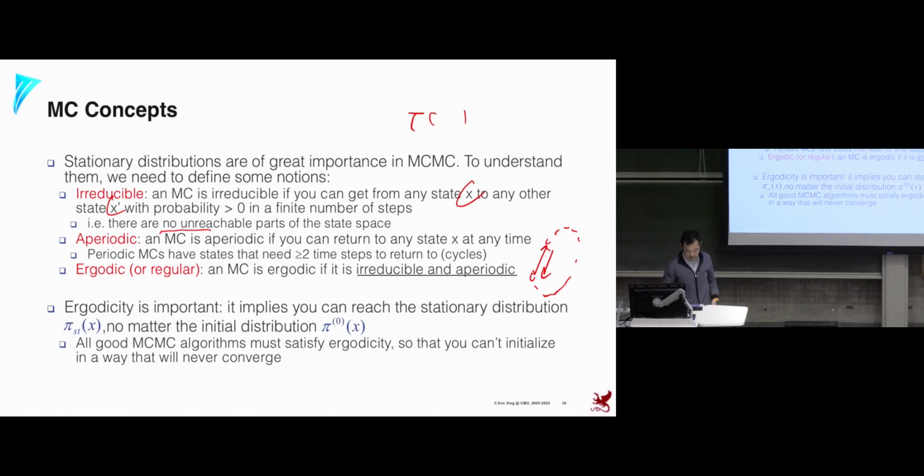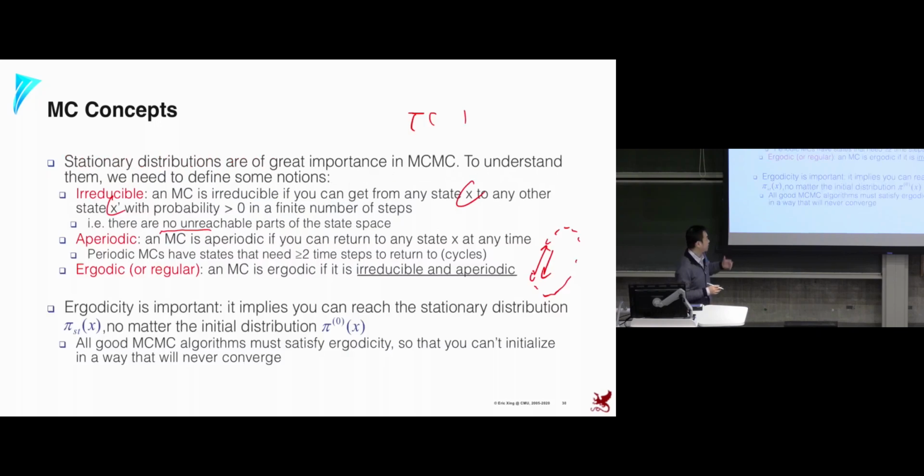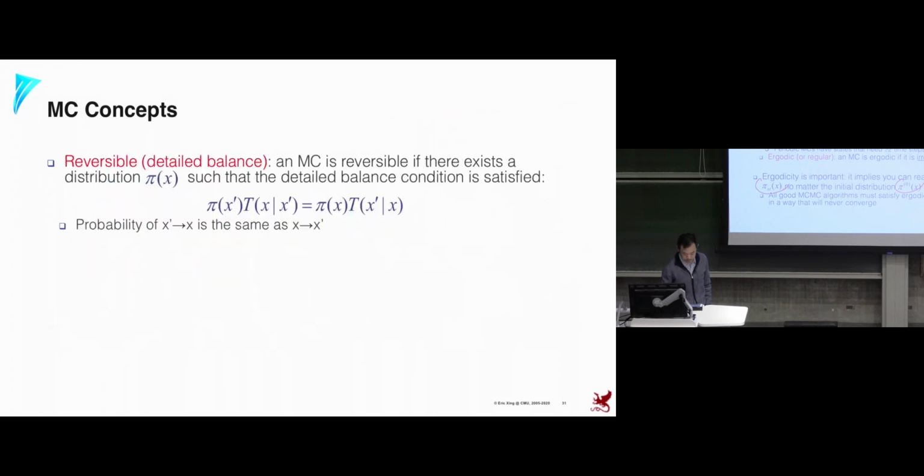Okay, so that's pretty much the key properties you need for the transition kernel to allow starting from anywhere and converging to the stationary distribution. It doesn't say which stationary distribution, whether it is your target or not, but at least it tells you that in this Markov chain, you can start from anywhere, converge somewhere, and then stay there without any change. And that's guaranteed by the T itself.